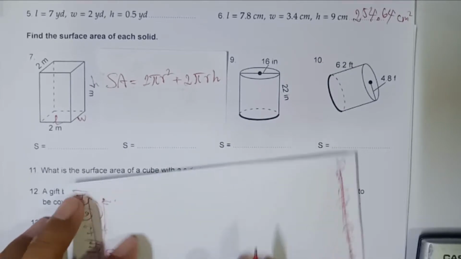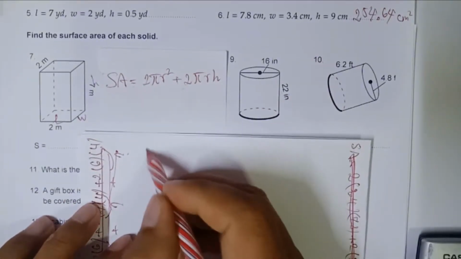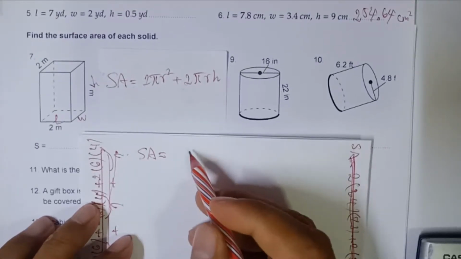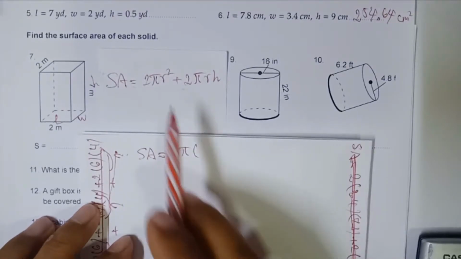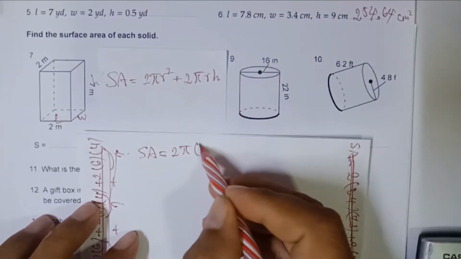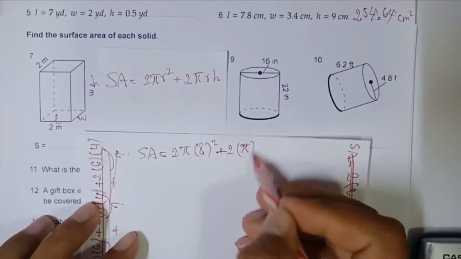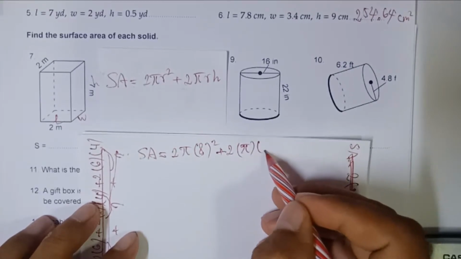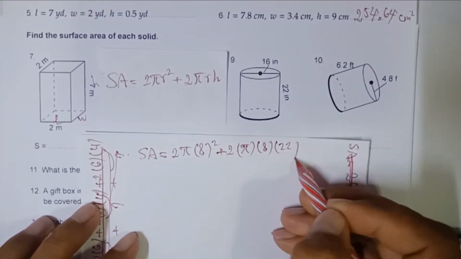Number 9, SA is equal to 2 times pi times the radius squared. This is diameter 16, so the radius is going to be 8. So 8 squared, plus 2 times pi times r, which is 8, times the h, which is 22.